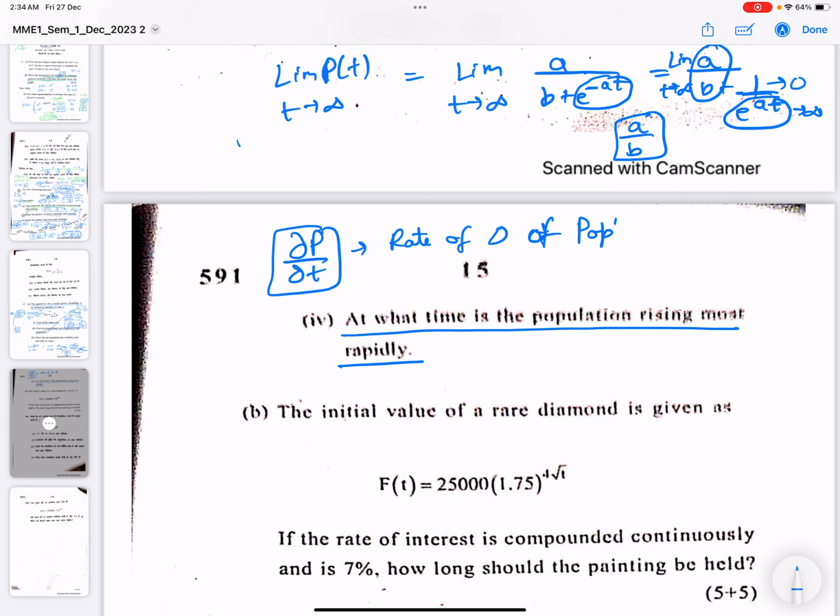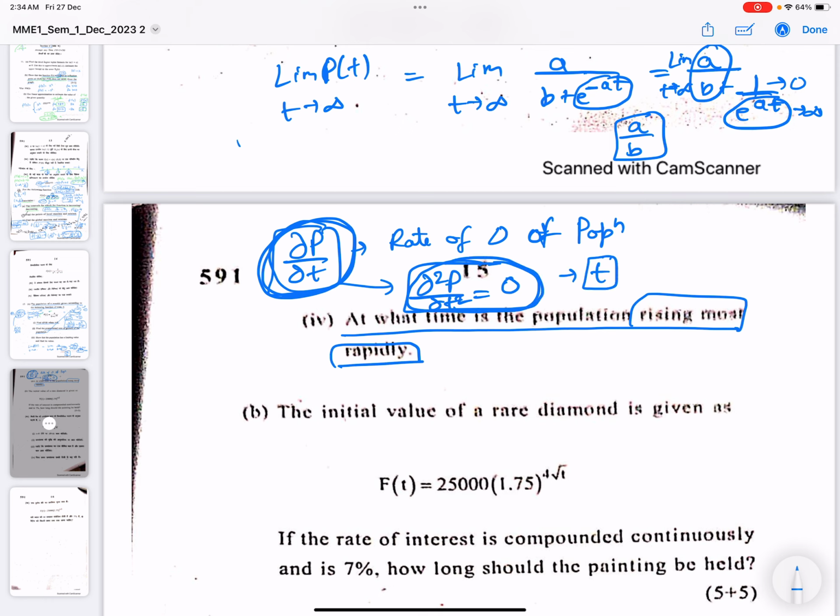The population would be rising most rapidly when the first order condition of ∂P/∂t, which is ∂²P/∂t², would be 0. This is the rate of change of population, and it would be maximum when we find this critical point. So for some value of t, we need ∂²P/∂t² to be 0.